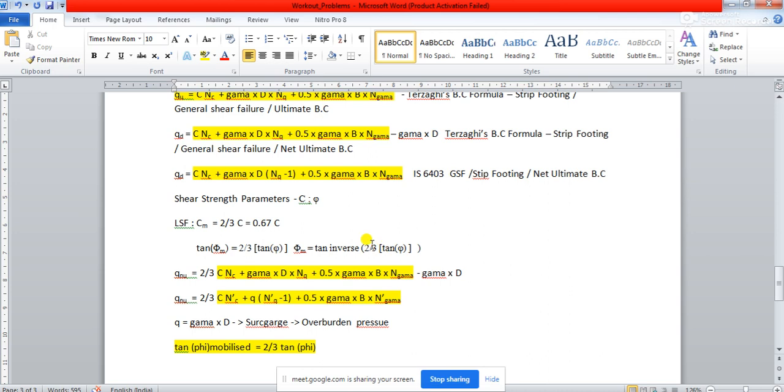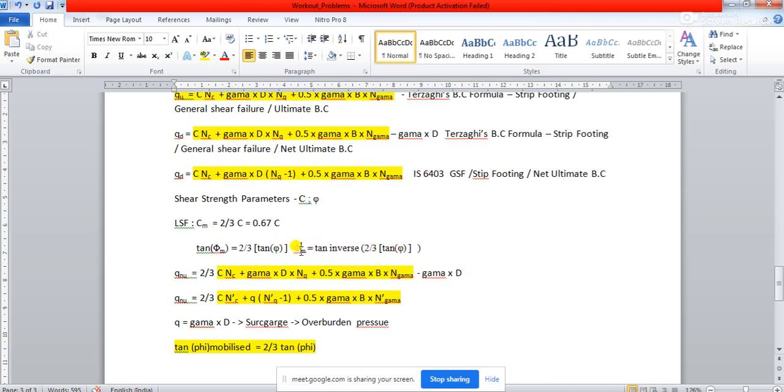Once you get this mobilized angle of internal friction, see what is happening. For local shear failure, Cm you are changing to 2/3 C, and the angle of internal friction of the soil, phi, you are changing to phi m by this method, tan inverse 2/3 tan phi.